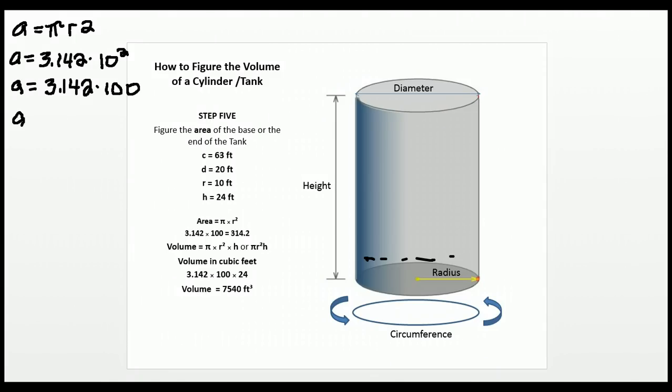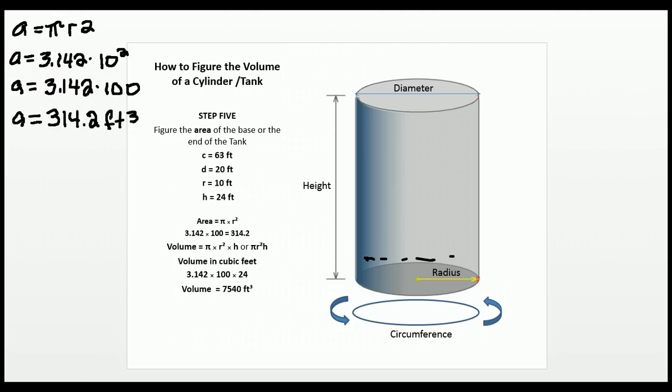Okay, so A is going to be equal to, let me get my calculator. Some of you can do this in your head. 3.142 times 100 equals 314.2. So we have 314.2 cubic feet.